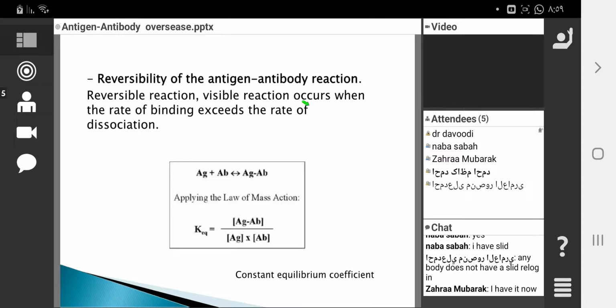So a visible reaction occurs when the rate of binding exceeds the rate of dissociation.